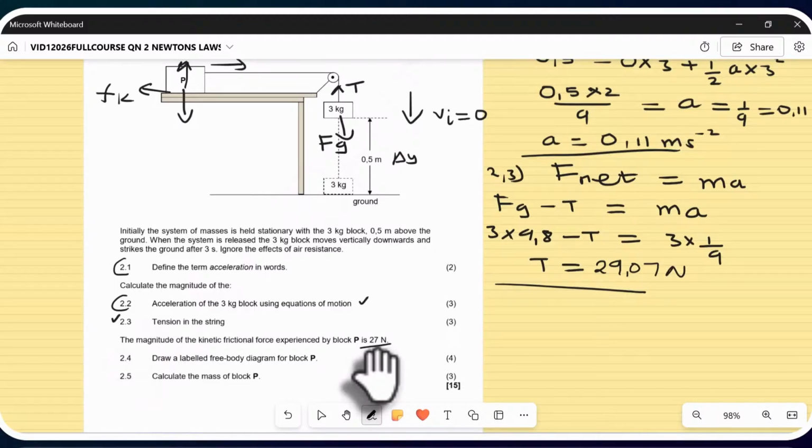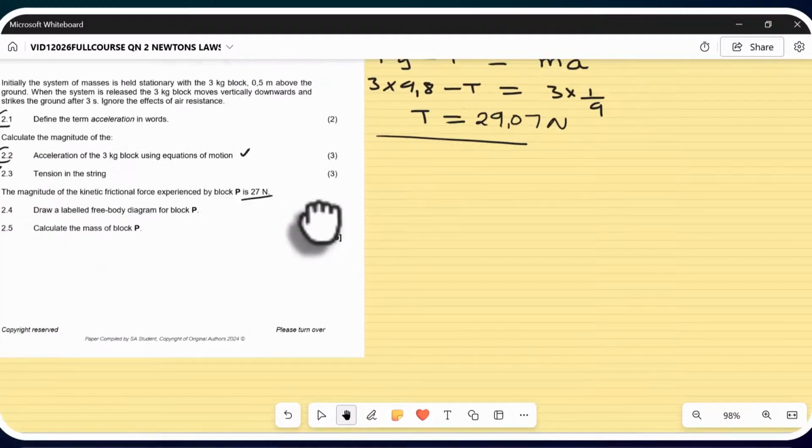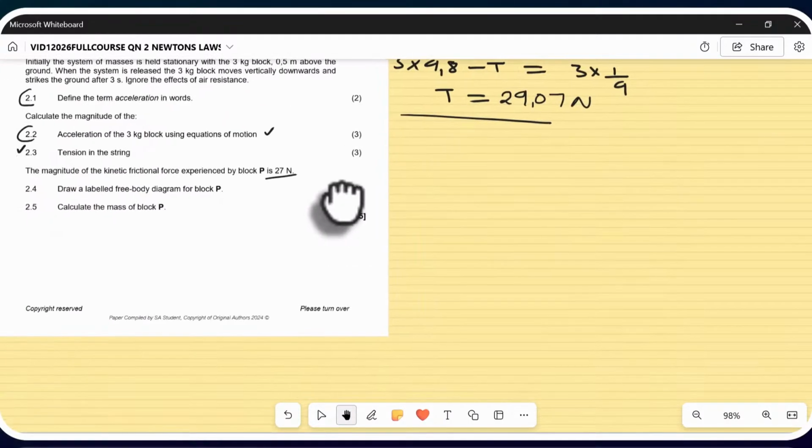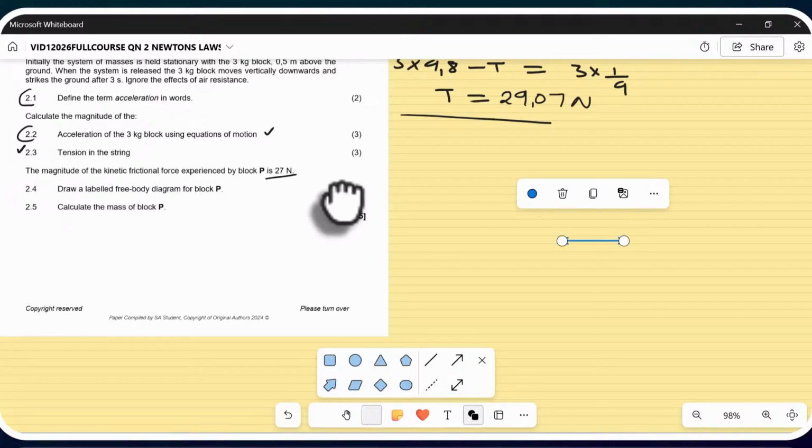Now let's calculate the mass of block P. Now that I know the tension, let's check properly. Because the string is inextensible, the tension which you got must be the same tension here. So this tension of 29,07 newtons is the same tension here.